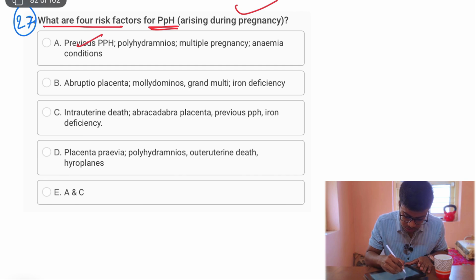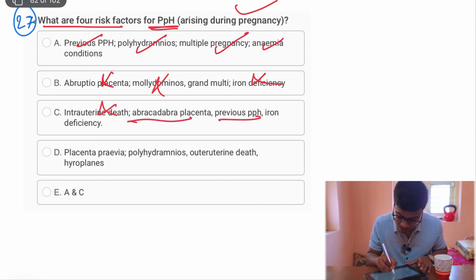So previous PPH, yes. Polyhydramnios, yes. Multiple pregnancy, yes. Multiparity, yes. Anemia conditions, possibly. Let's see the other option. Abruptio placenta, no. Iron deficiency, no. Intrauterine death, no. Placenta accreta, no. Previous PPH, yes it is, but iron deficiency, no for sure. Placenta previa, no. Polyhydramnios, yes.